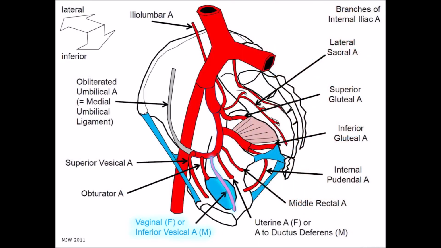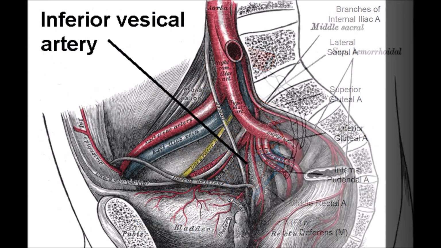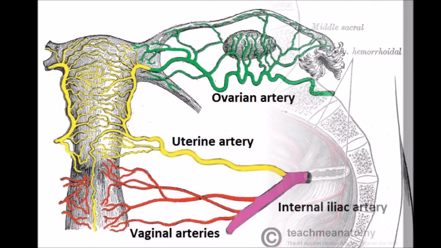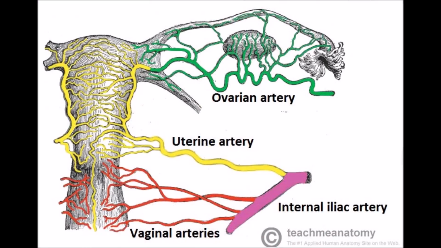The inferior vesical artery emerges lower and runs medially to supply the lower bladder, trigone, ureter, vas deferens, seminal vesicles, and prostate. In females, it corresponds to the vaginal artery which supplies the upper vagina.